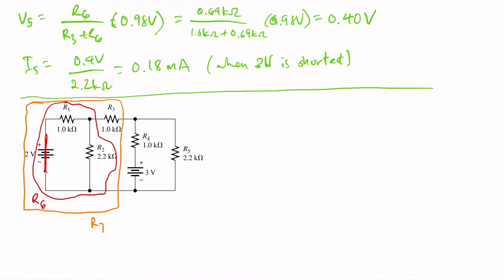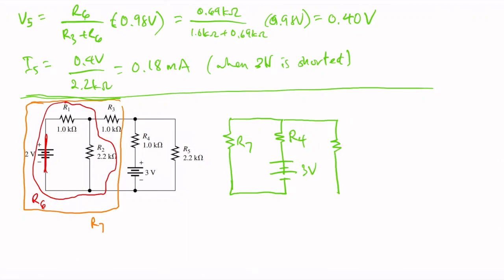Next, R7 is in parallel with R4. And now we come to a point where we figure out what is the correct circuit here. So if we redraw this, we have our R7 like this. Then we have R4 in series with our source voltage, 3 volts, then R5.